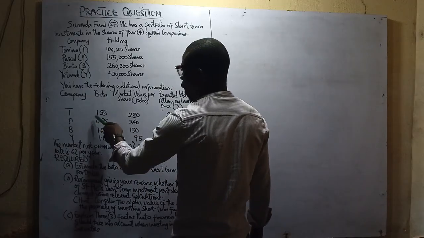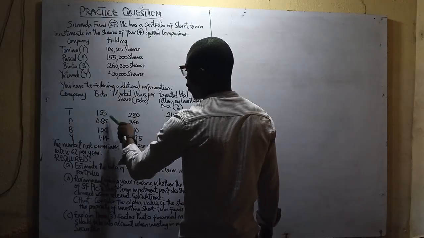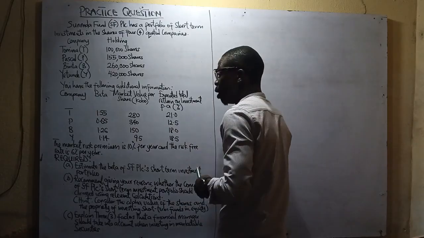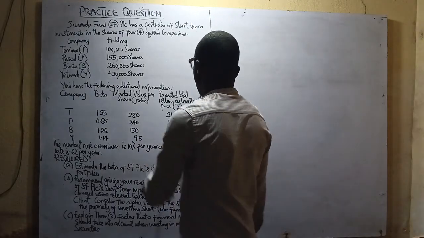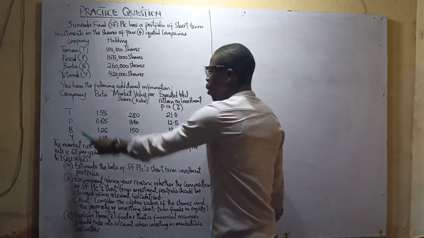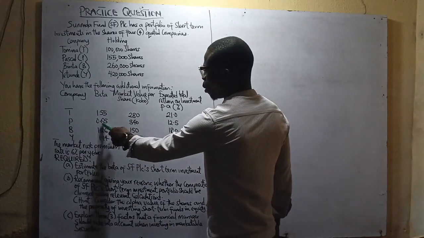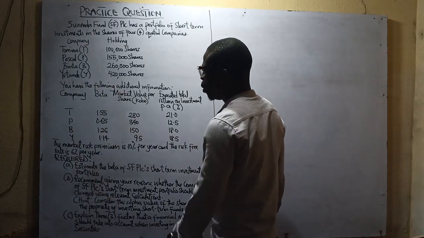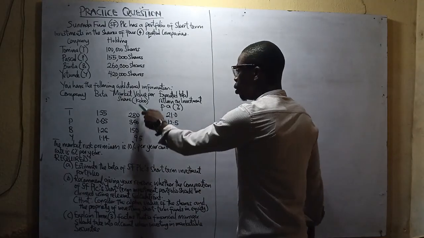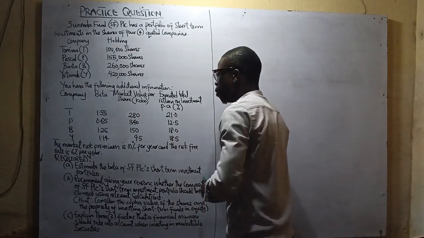T has a beta value of 1.55 with a market value of 280 kobo, and the expected total return on the investment is 21%. P has a 0.65 beta value, the market value is 340 kobo, and the expected return is 12.5%.